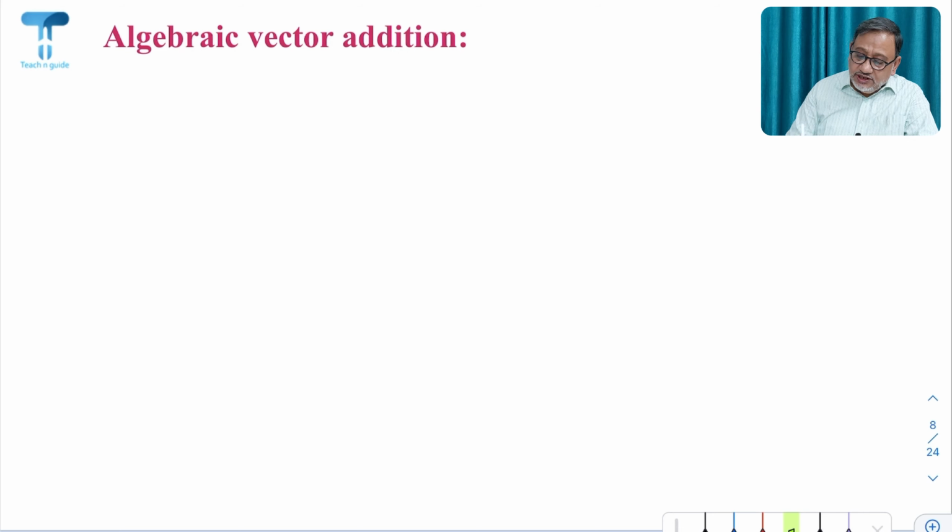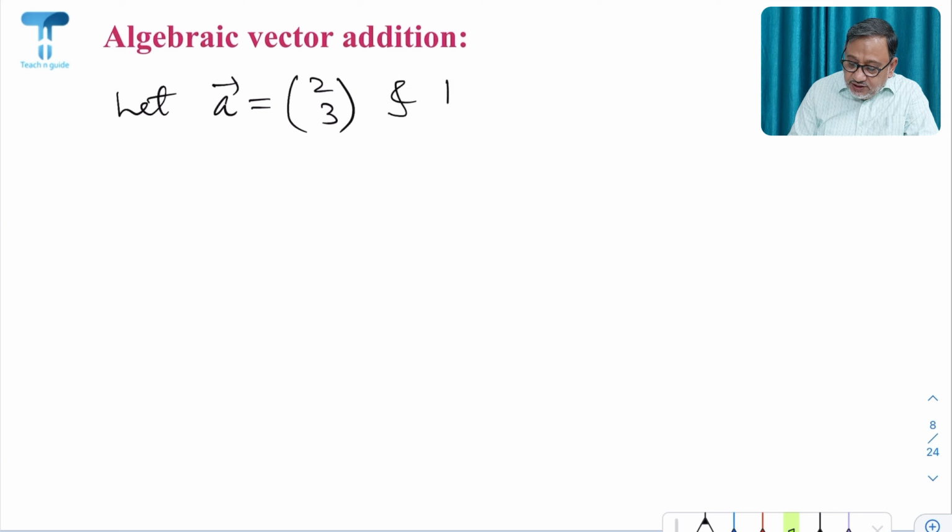Now algebraic addition of vectors. Let I have two vectors. Vector A is 2 and 3 and vector B is 5 and 4.